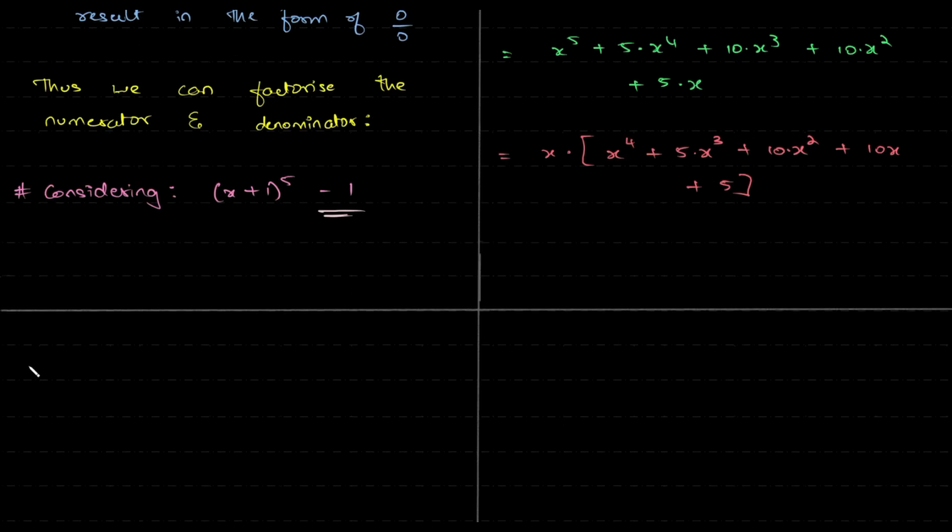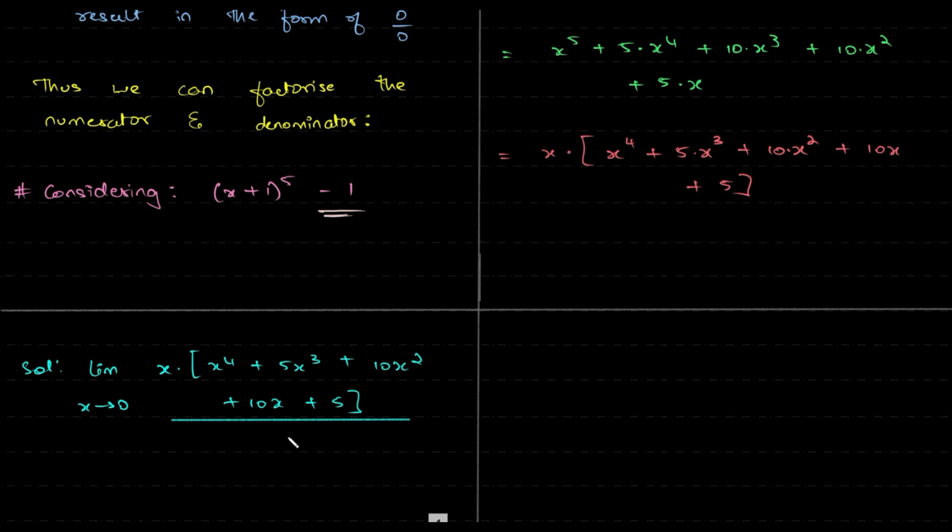So finally, we have the solution as limit x tends to 0, x times of x to the power of 4 plus 5x cube plus 10x square plus 10x plus 5, and this entire thing is getting divided by x.